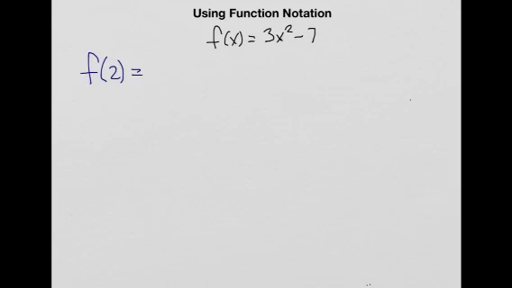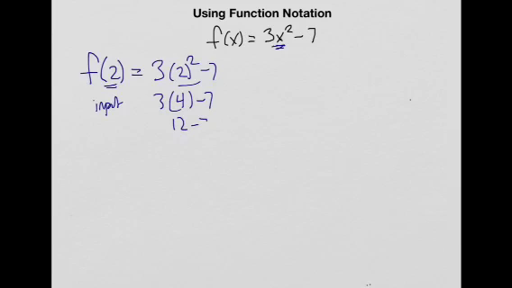So let's just start pretty simple. Find f of 2. 2 is my input, so I'm going to plug 2 everywhere there's an x in my equation. So that's 3 times 2 squared minus 7. Then order of operations, I'm going to do my squaring first. So 2 squared is 4. 3 times 4 is 12.